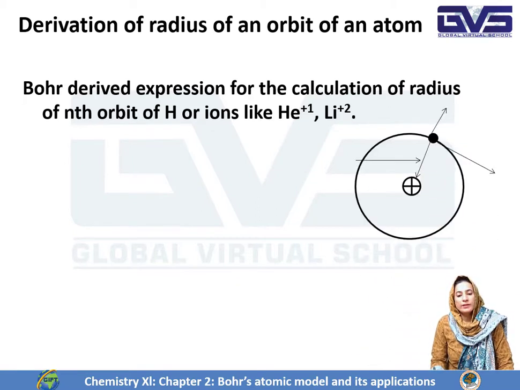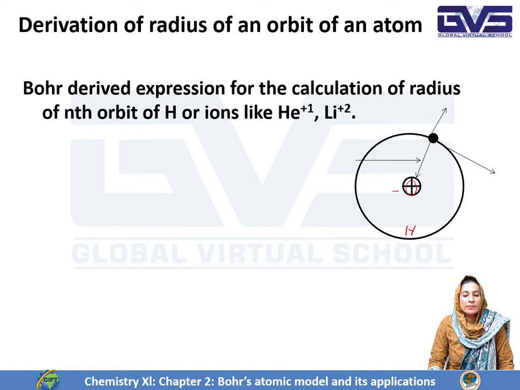And for that purpose I have a simple atom, like this hydrogen atom. You know hydrogen has one proton that has a positive charge, and the atomic number is based on the proton number, which is represented by Z. And this is the electron.